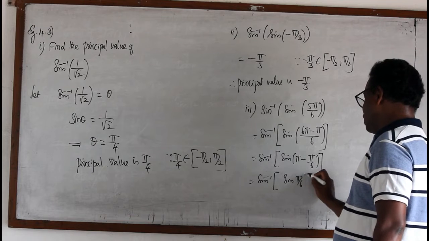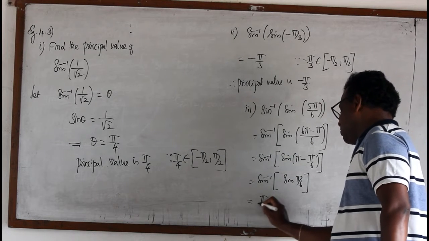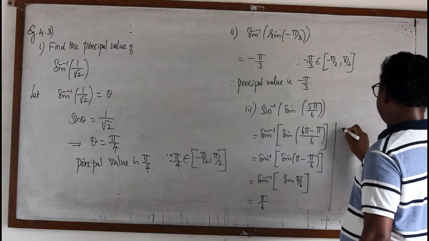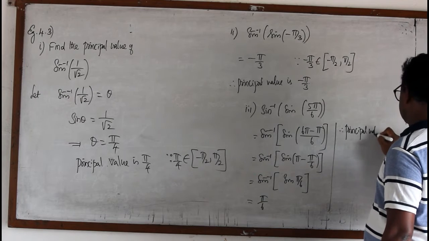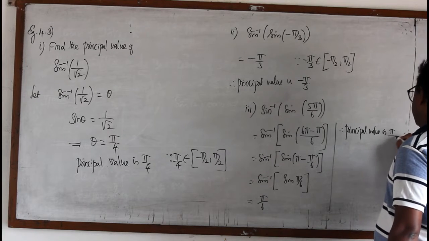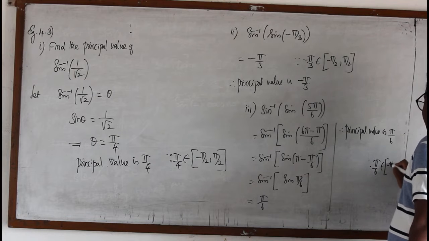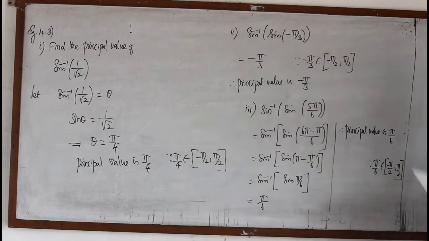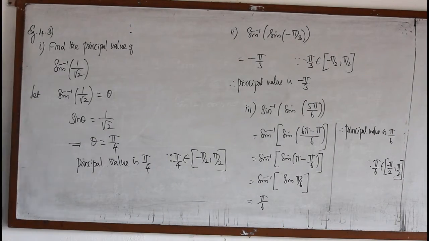Sine and sine inverse cancel, so we have pi by 6. Therefore, the principal value is pi by 6, since pi by 6 belongs to minus pi by 2 comma plus pi by 2. So we can do sums like this to find the principal values.